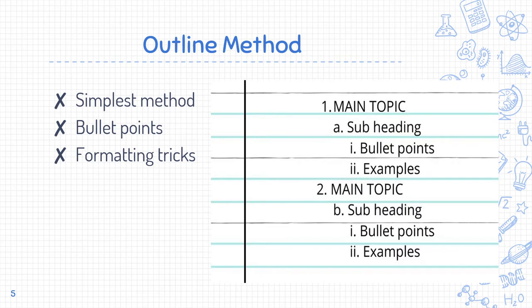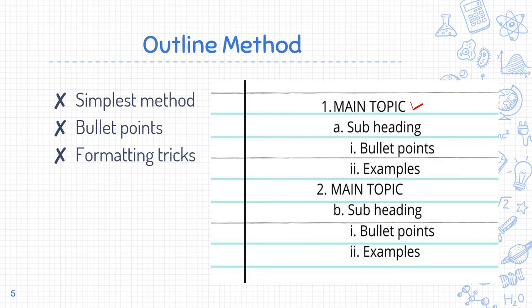What do I mean by formatting tricks? See, you might choose this method and you will be writing all your notes with this method. They will look identical. All right? You won't know what's important, which point has more significance than other points. Right? So what you do is maybe you just tick mark it.